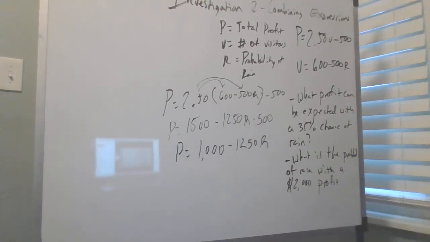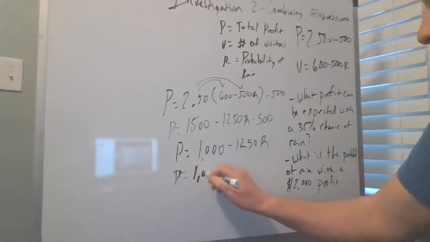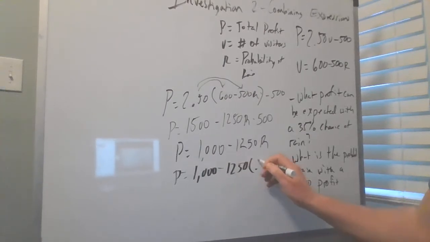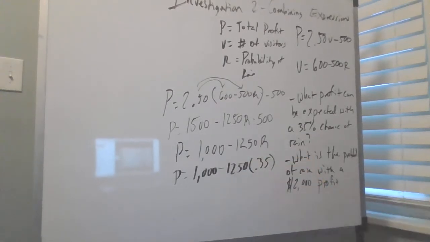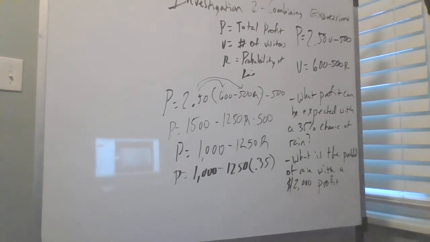So if I know the chance of rain is 35%, it's basic. P equals 1000 minus 1250 times 0.35. Remember, 0.35 times 1250 equals 437.50.